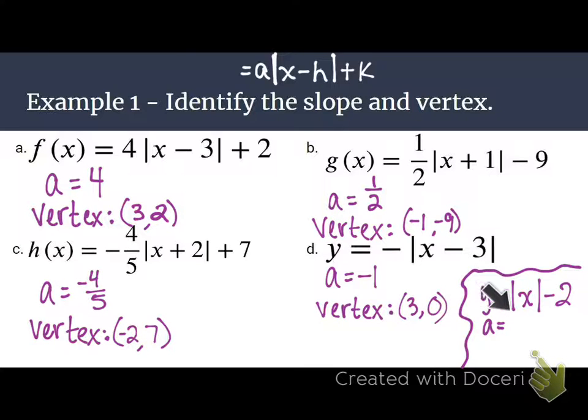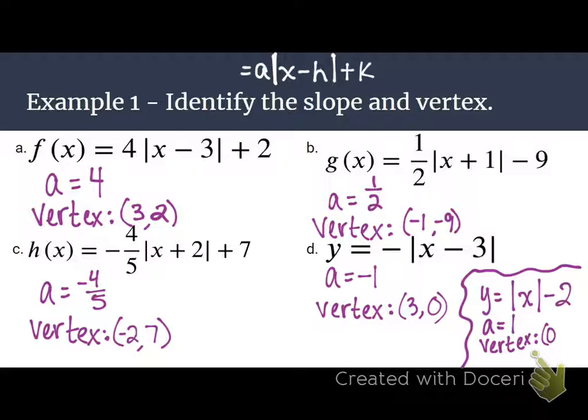There's a 1 in front of here. If there were to be a 0 in front of there, none of this would be here, or at least the absolute value bars wouldn't. It's kind of like if you have an x, you would call this 1x, not 0x, right? So same thing here. There's a 1 that does exist there even when we don't write it. So our slope would be a 1, and again, what's our vertex?